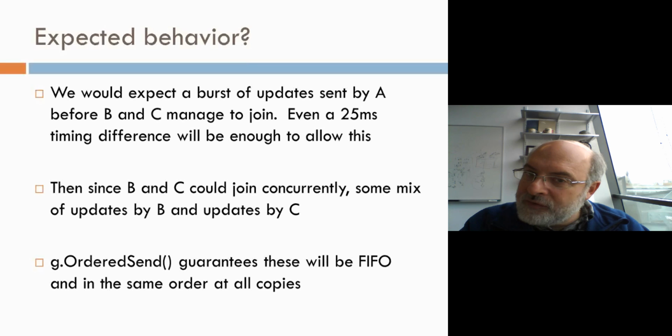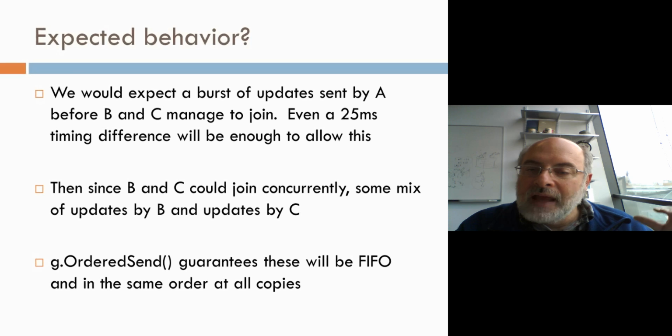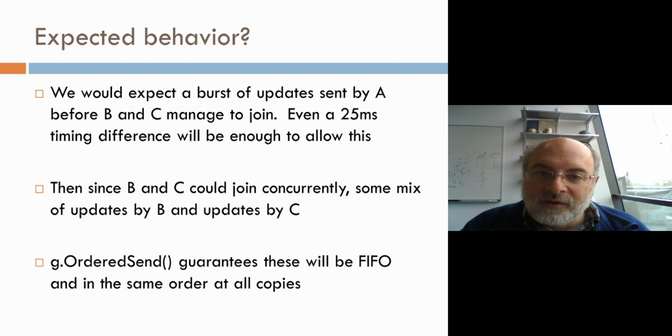Then you'll see the new view events as B and C join in off on the sides, okay? And then they're going to generate their updates, and those updates are going to be received at process A, and the others actually, after the rank 0 updates are done. I hope that was clear.